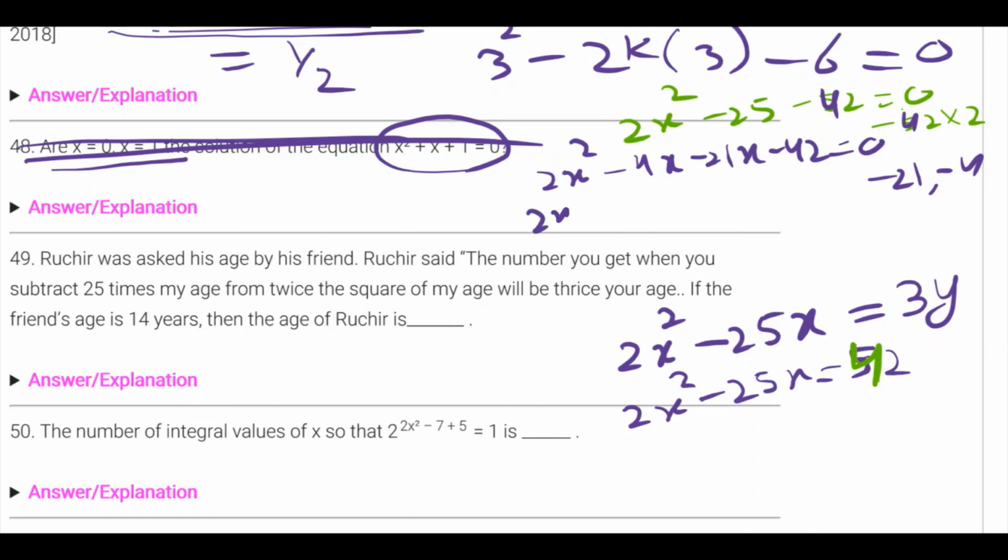Taking 2x common, x minus 21 is common. So x minus 2 equals 0. x equals 2, 21 by 2.